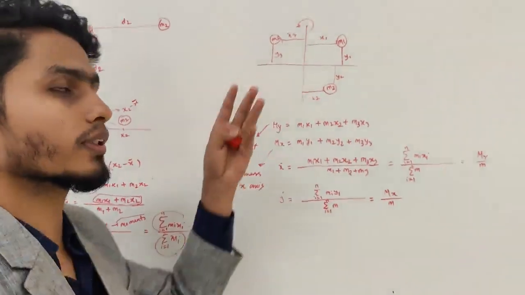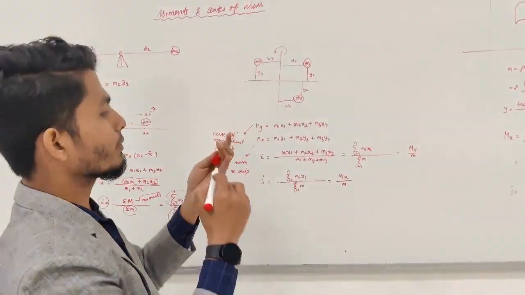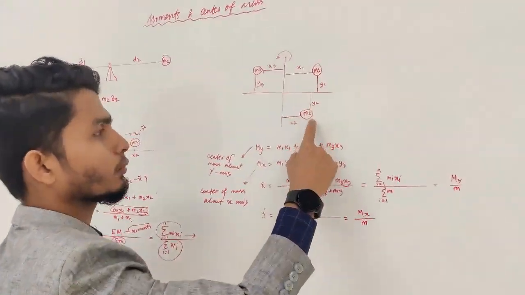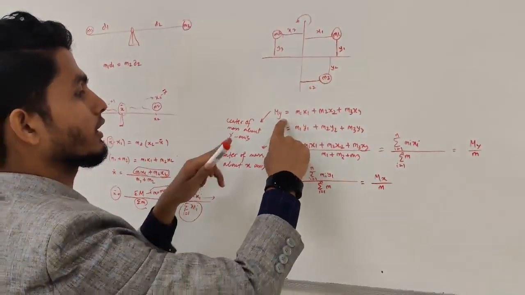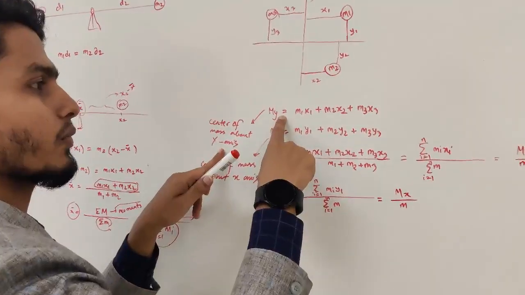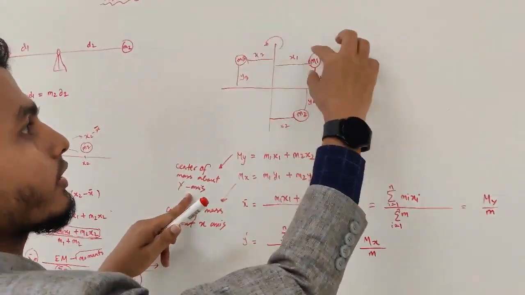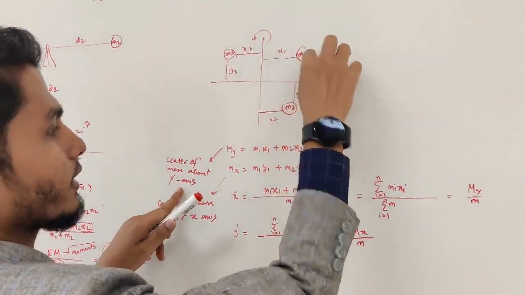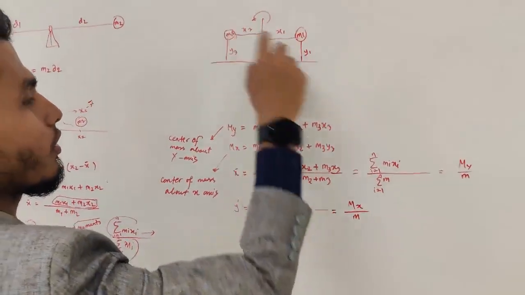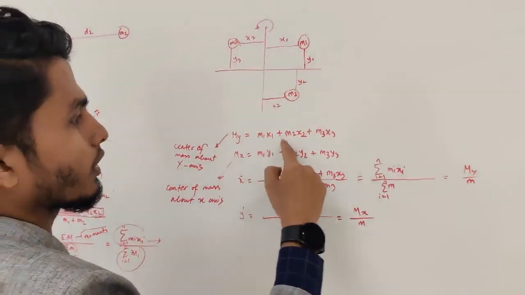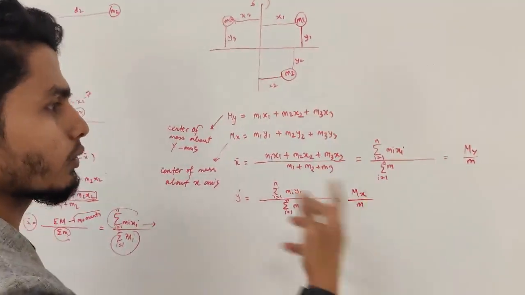If you consider something two-dimensional, that means one mass is here, another one is here, another one is here. Same thing, we can find the center of mass about the y-axis. About the y-axis, you find the multiplication of distance and mass. Same thing if you have n masses at different locations: m1x1, m2x2, like that.